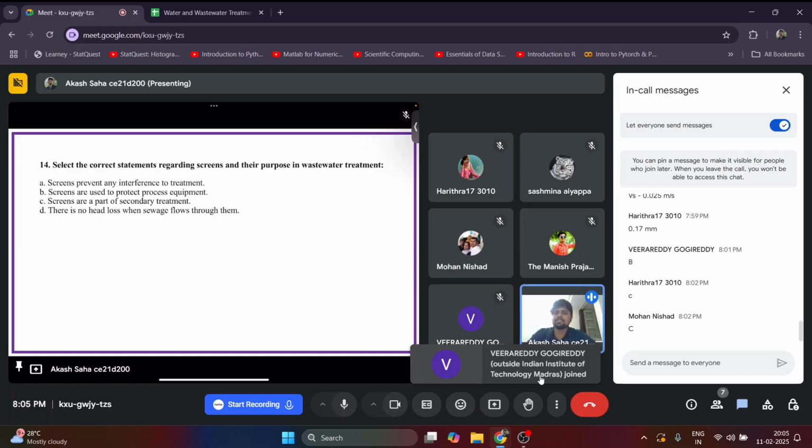Select the correct statements regarding screens and their purpose in wastewater treatment. Screens prevent any interference to treatment. Screens are used to protect process equipment. Screens are a part of secondary treatment. There is no head loss when sewage flows through the screen. So you have to find out which of these options are correct.